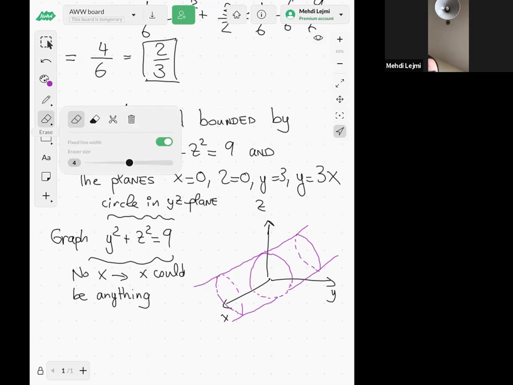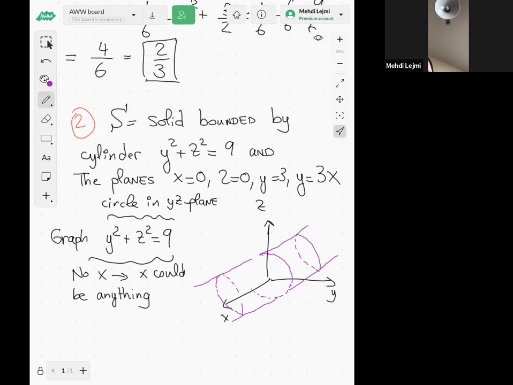This drawing is kind of bad, it should be more like this, right? So you see the idea, guys. To graph this cylinder, you start with a circle in the YZ plane, and then you extend it along the X axis. You get a bunch of circles along the X axis, and if you connect all these circles, you get your cylinder.